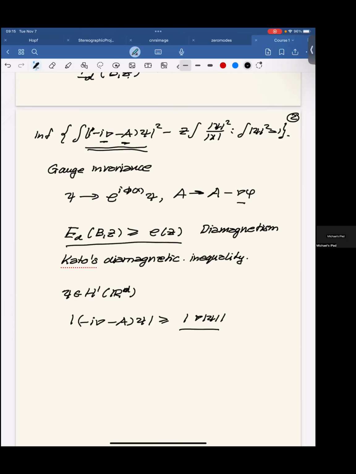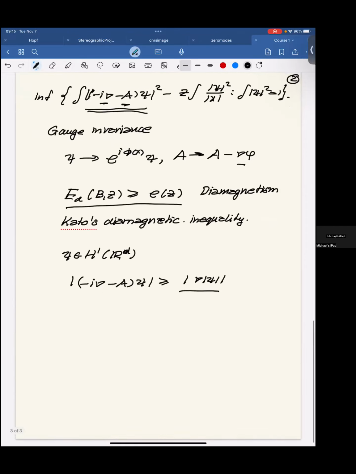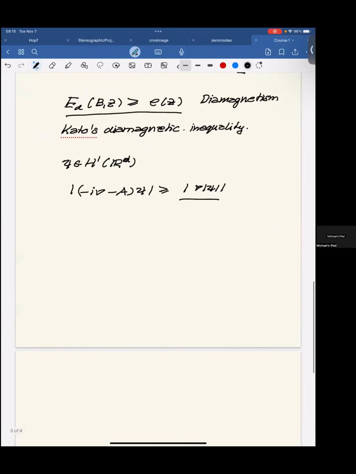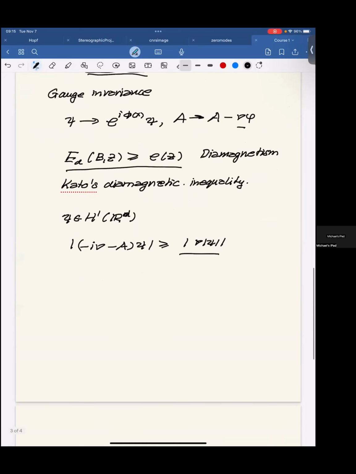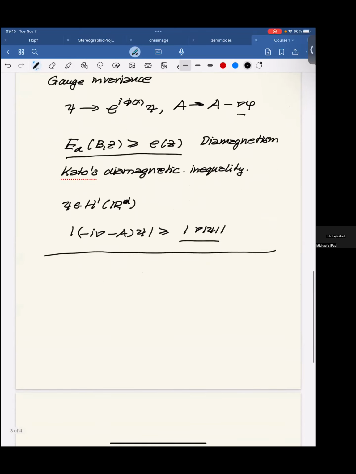Since this is a course, let me also prove this, because it sets the stage for certain things which you will use frequently. This has to do with Sobolev functions.